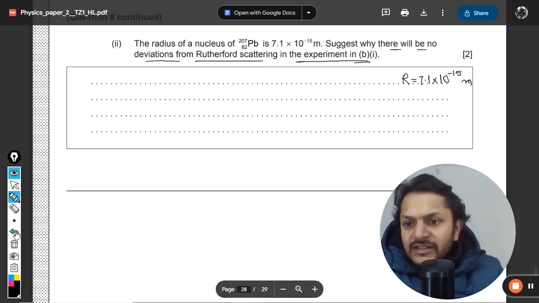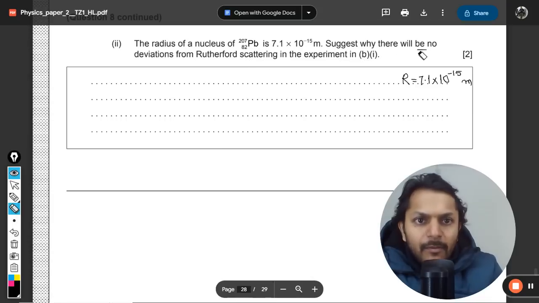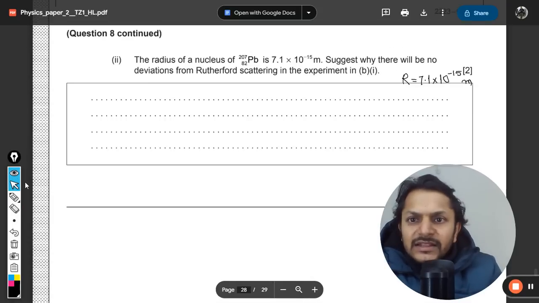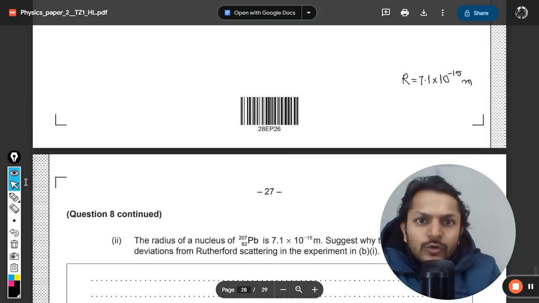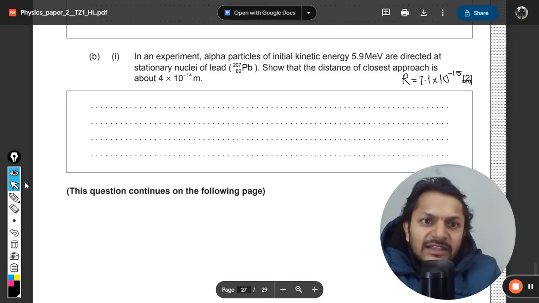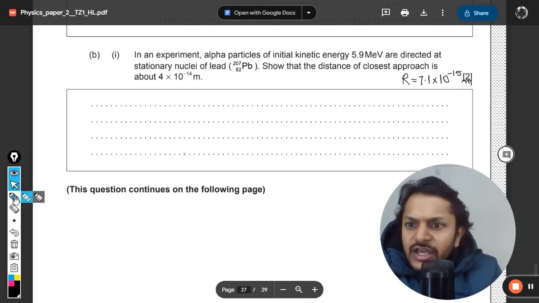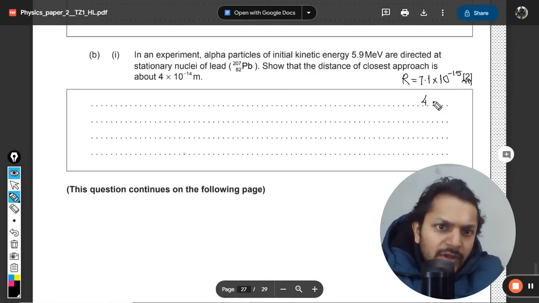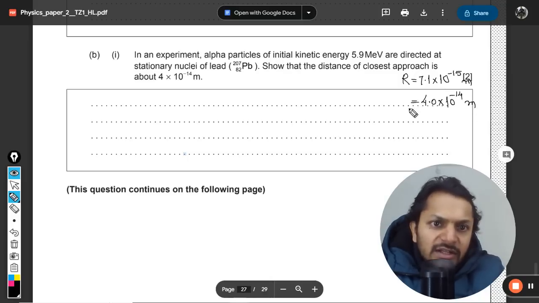You see that in the other question we found the distance of closest approach, and the distance of closest approach is found to be 4.0 into 10 raised to power negative 14 meter.